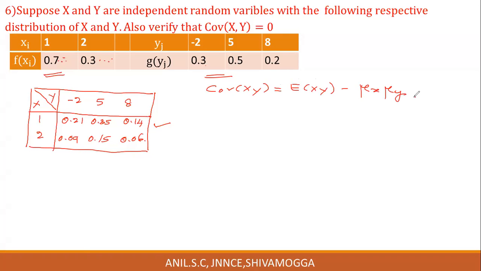Correct? Now we find the expectation of x first, which is given by summation x into f of x. You do it and let me know the values. Expectation of y is summation y into g of y.